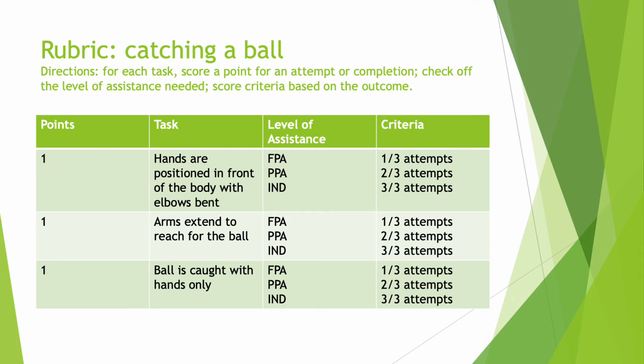So for each task, you'd score a point for an attempt or completion, check off the level of assistance needed, score criteria based on the outcome. So the FPA would be full physical assistance, PPA is partial physical assistance, and then IND is independent. So this is just a quick example.